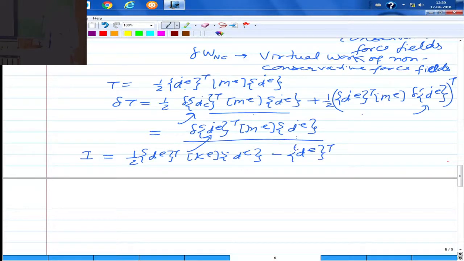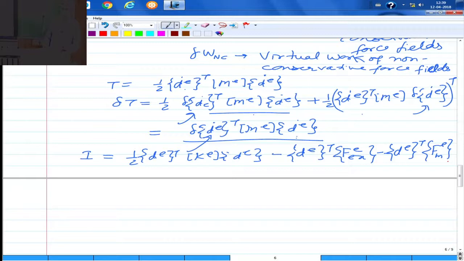So we were saying D transpose into F external for the element. Since I am using this superscript, let me slightly change this, and minus D transpose, there is a minus here, into F internal for the element. So this is what we wrote earlier.